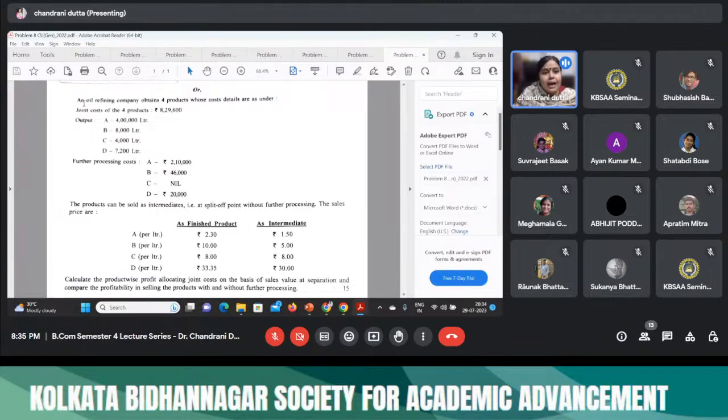Okay, so an oil refining company obtains 4 products whose cost details are as under. Joint cost of the 4 products is given as 8,29,600. Output of A, B, C and D: 4 lakh liter, 8,000 liter, 4,000 liter and 7,200 liter.